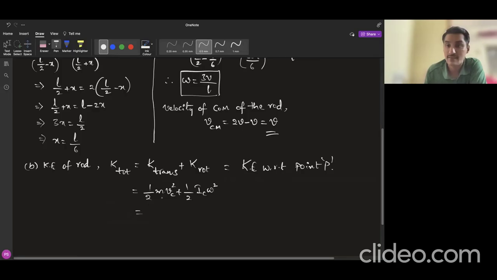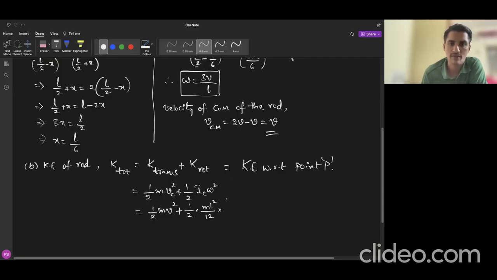But if you are taking translational plus rotational kinetic energy separately, then for rotational kinetic energy we have to take the moment of inertia with respect to the center of mass. Therefore, half m v square plus half, with I about the center of mass being m L square by 12, into omega square.